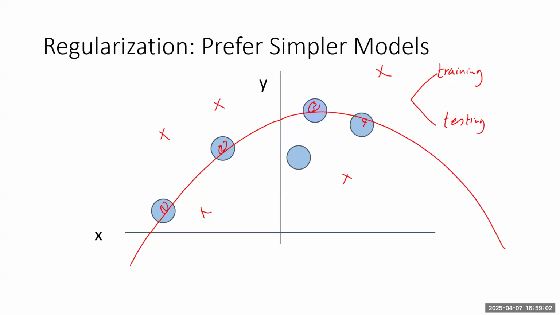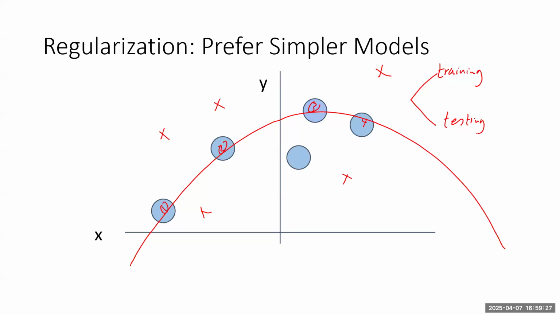Okay? So if I give you any data, never, ever use all the data to build a model. Never. You have to divide them to at least two groups. The first one will be used to build the model. The second one will be used to test the hypothesis that you achieve.